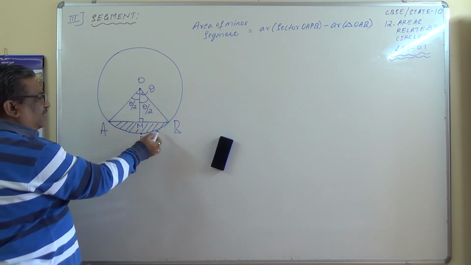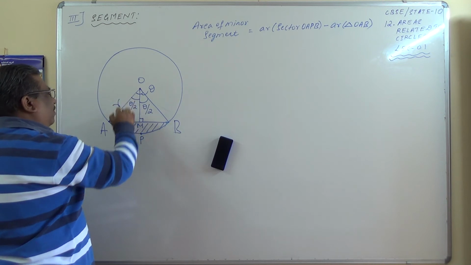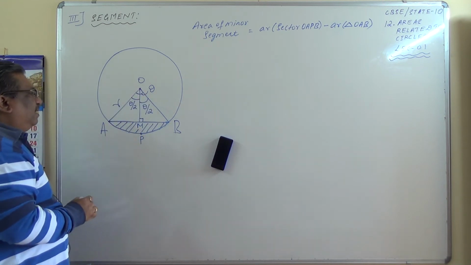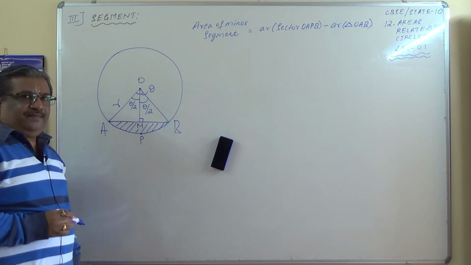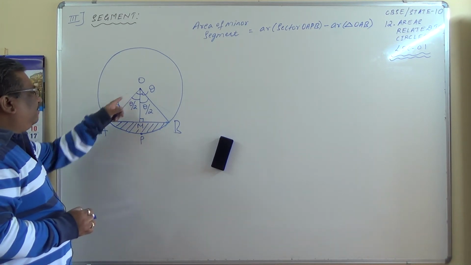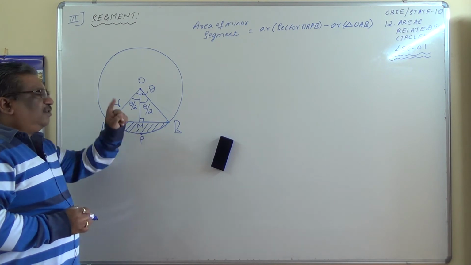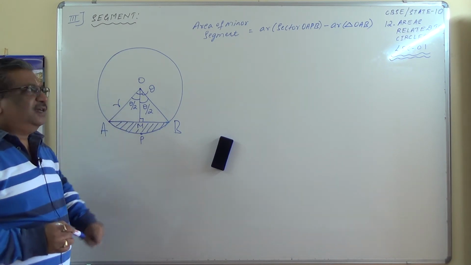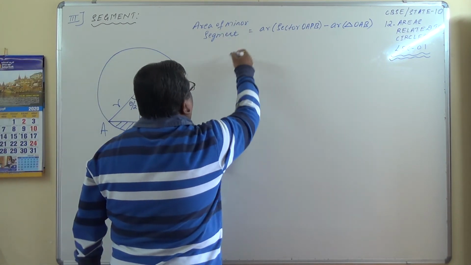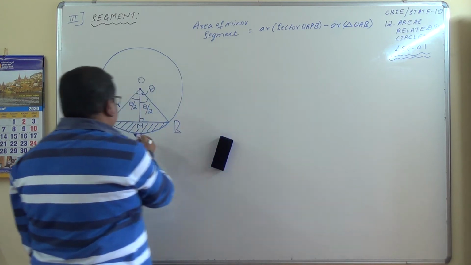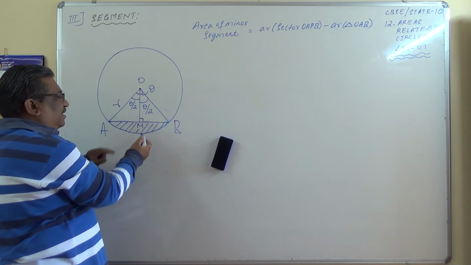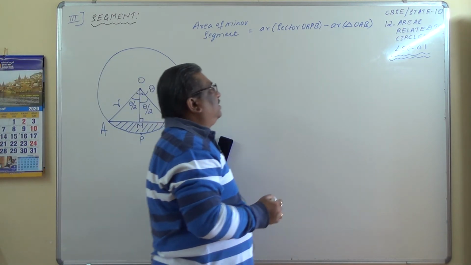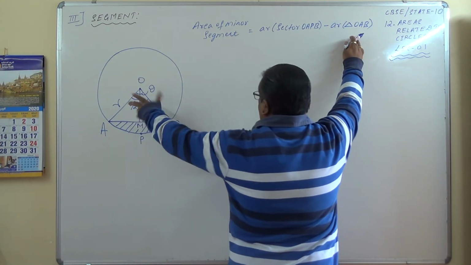Area of the minor sector we can easily find out, because we know r and we know theta: theta by 360 into pi r square. What about the area of the triangle OAB? Let us find the area of the triangle first. So at the top I have written: area of the minor segment, the shaded region, is equal to area of the sector OAPB minus area of the triangle OAB.